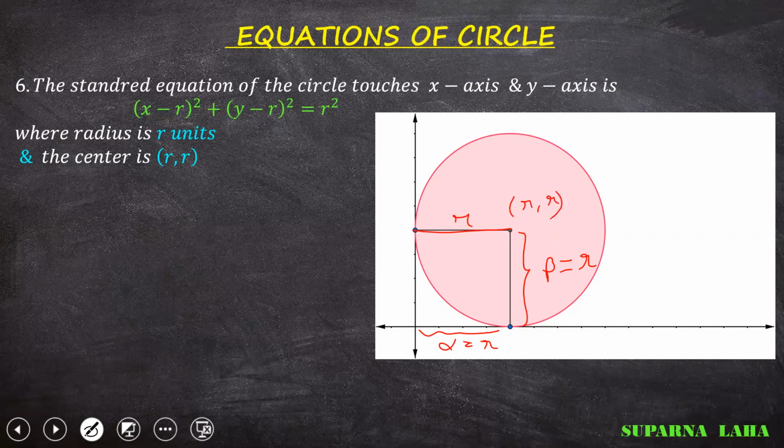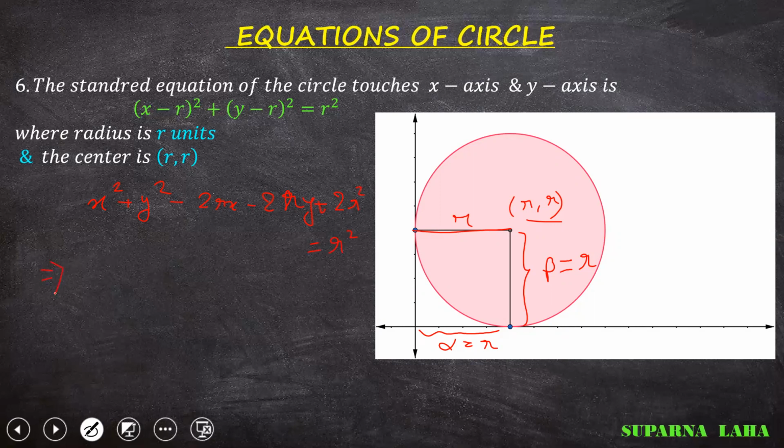So the center of the circle which just touches the x-axis and y-axis both is r comma r and the radius is r units. Clear? So the equation is in the form x minus r the whole square plus y minus r the whole square is equal to r square. And if you expand the square, you will find x square plus y square minus 2rx minus 2ry plus 2r square is equal to r square.